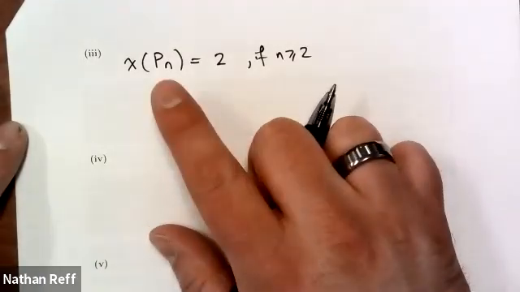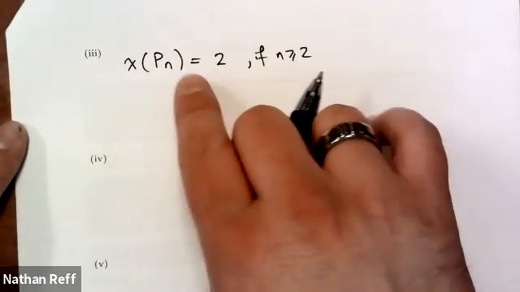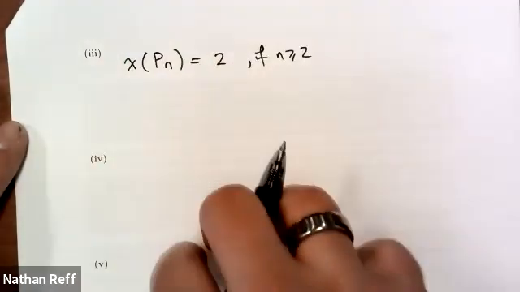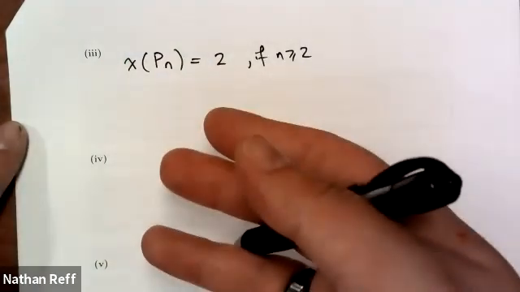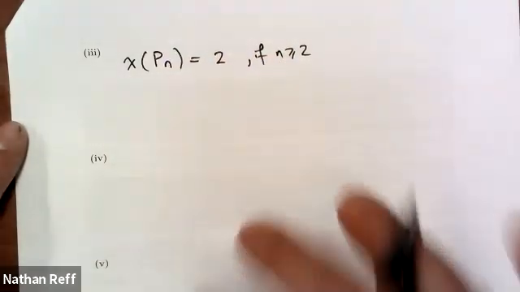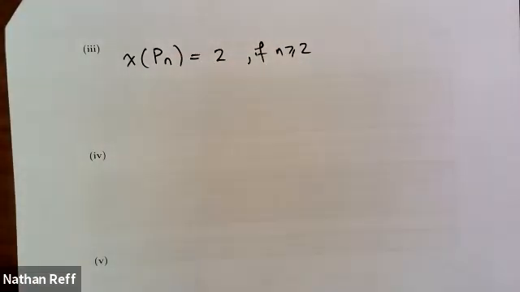Everyone okay with this? Now, the way I would probably prove that in general, you can of course use the definition. If we later look at the bipartite graph situation, this is in that family, a bipartite graph. So I would just use the bipartite proof to get us to that one, okay?